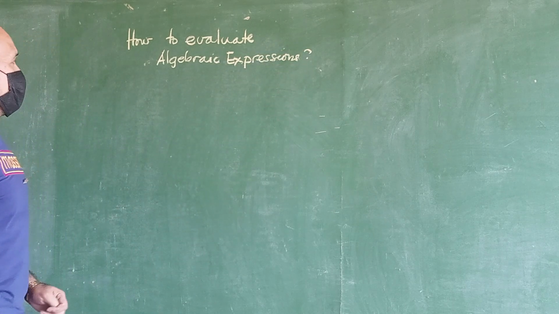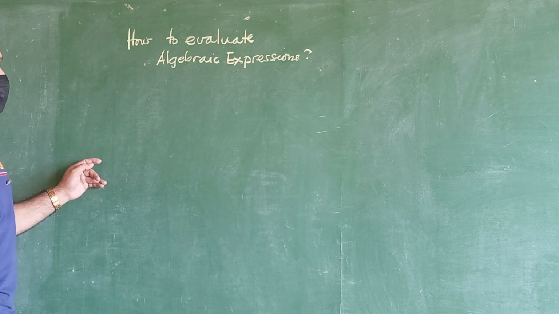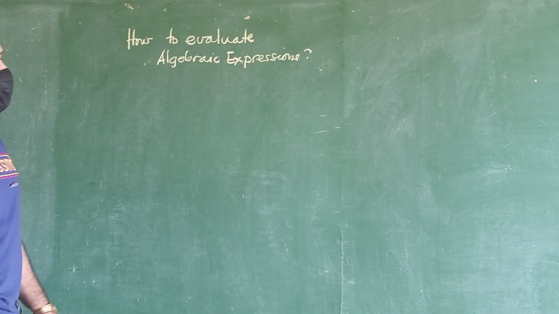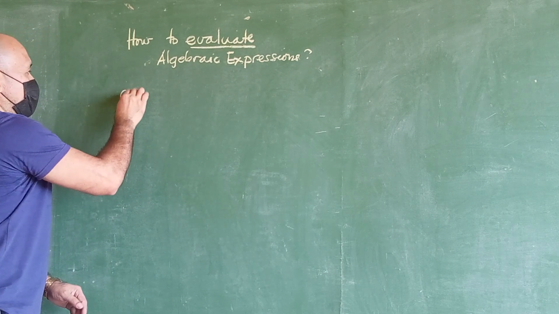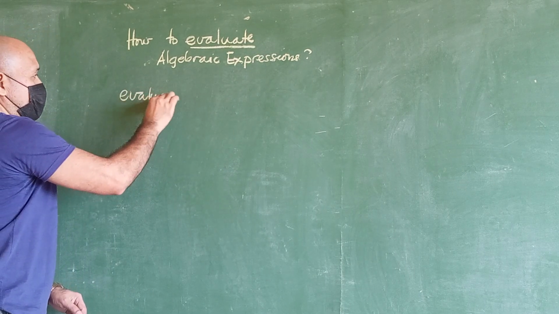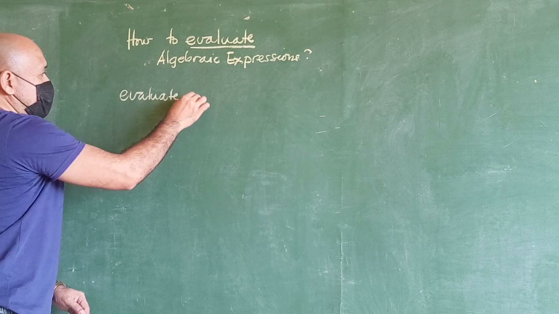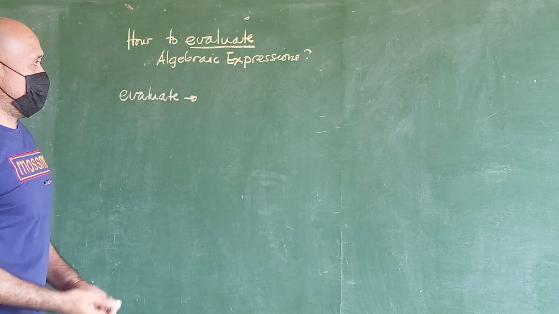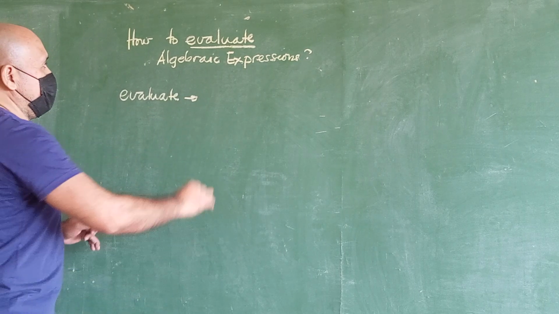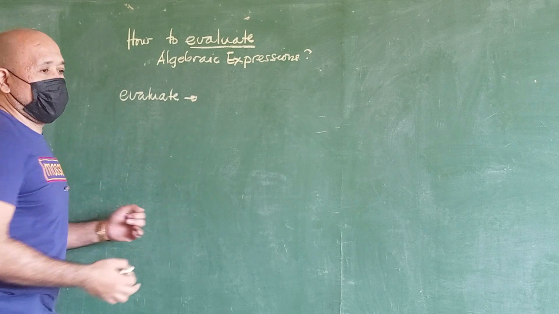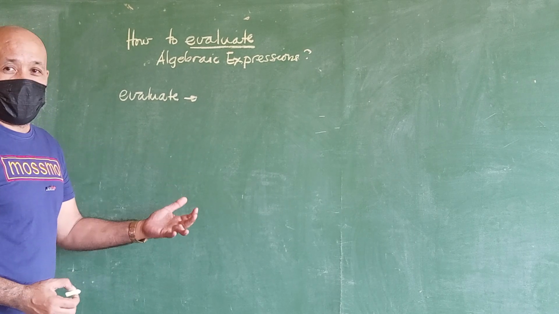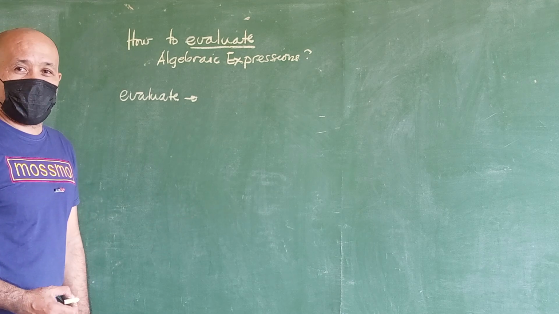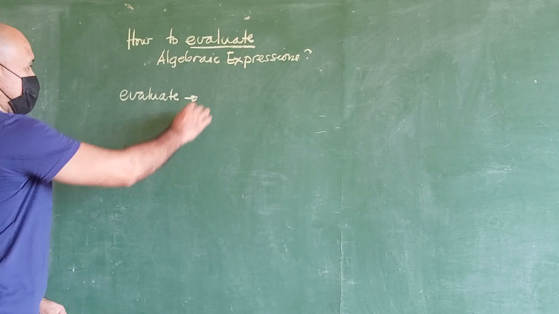Okay, so the question is how to evaluate algebraic expressions. Before that, let's talk about what evaluate means. When we say evaluate, that means you are going to simplify a given algebraic expression where the final answer contains only pure numbers without variables.